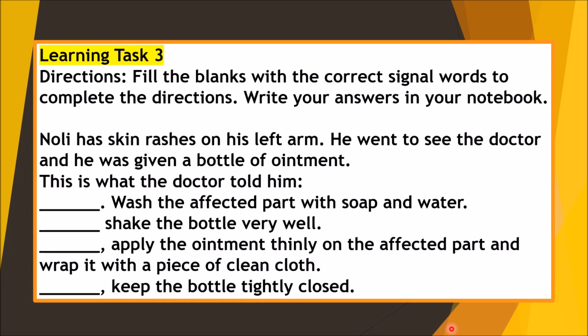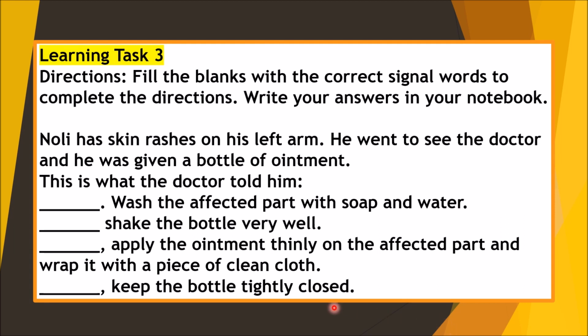So, let us write the correct signal words in here. Try to write the correct signal words to complete the direction. It's about how to put ointment on your left arm for your skin rashes.